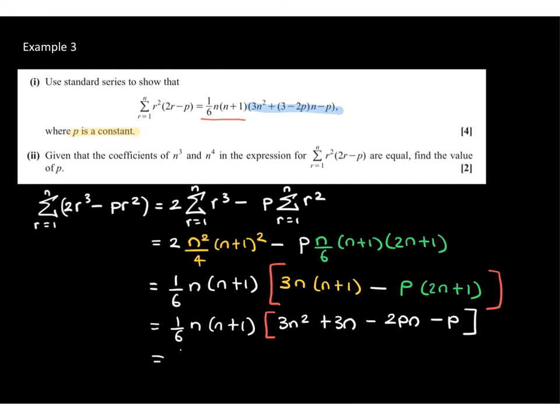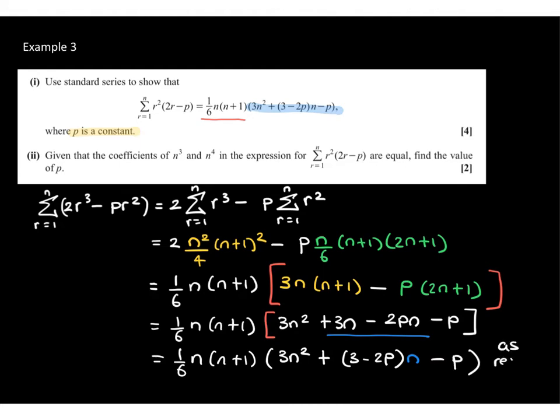So all we have to do is factorise the n from these terms here. So we get 3 minus 2p multiplied by an n, and then we simply have the subtract p at the end. So that's exactly as required by the question.